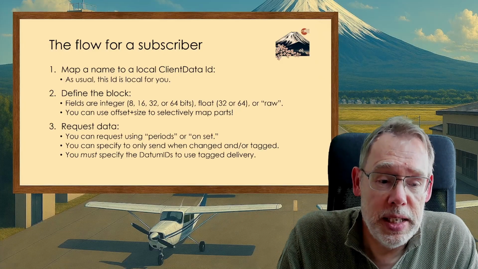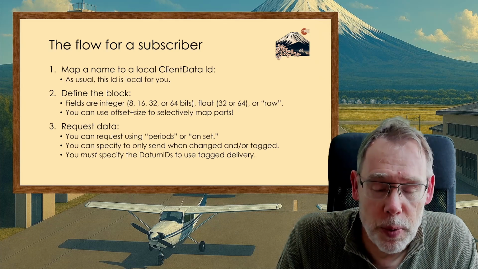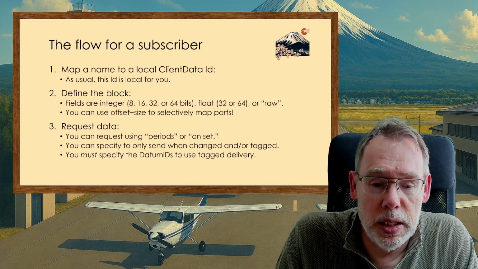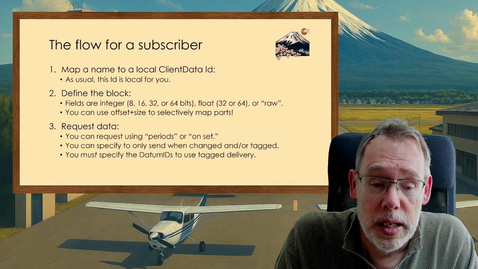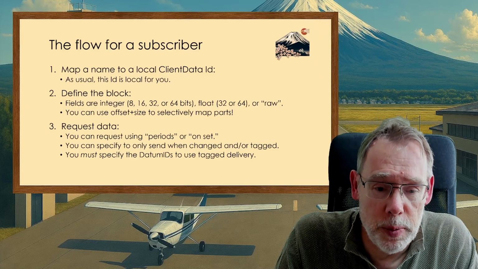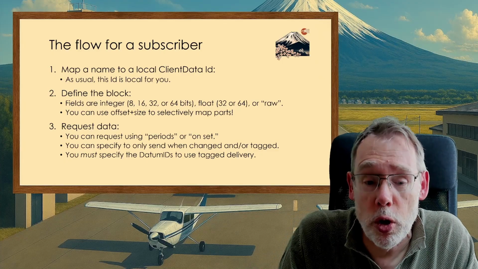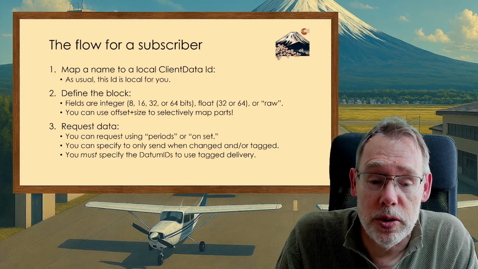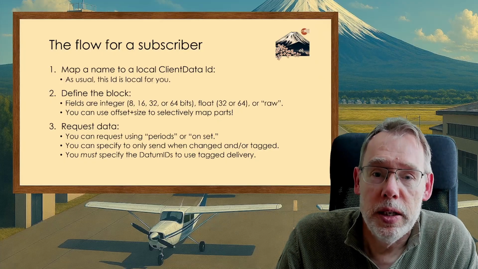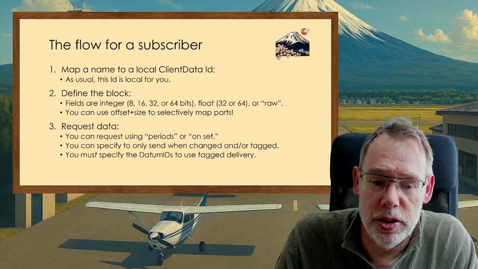So you can request data, where we can use the same periods as we've seen with SimObject data, with the exception of the simulator frames. It does have the visual frames, but not the simulator frames. But there is an additional, well, call it a period, which is on set. And this means that it will be sent to you every time there is a value pushed, even if it's not changed.